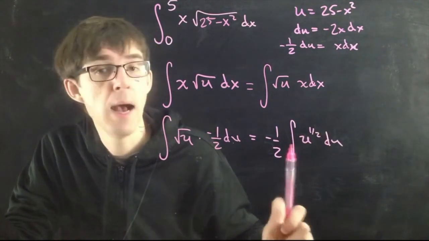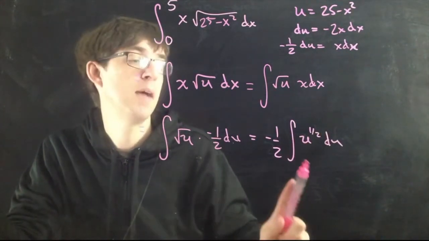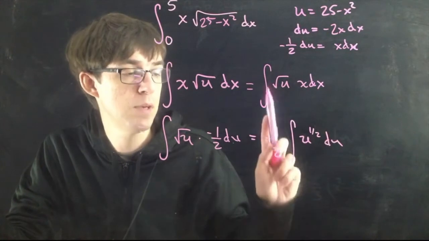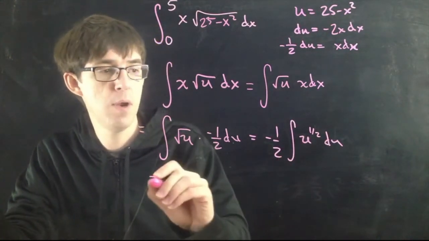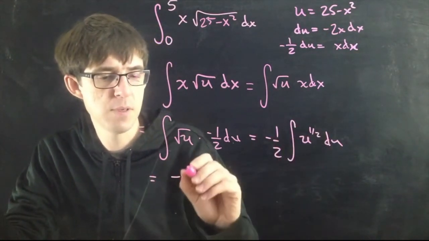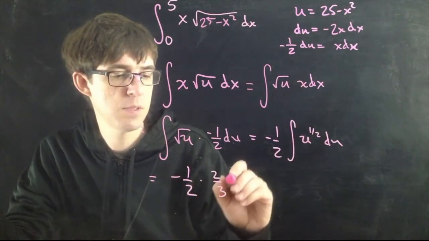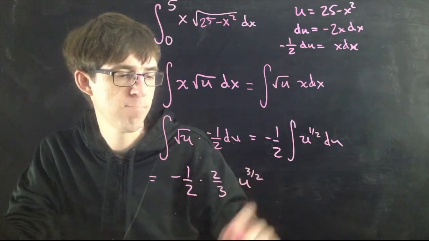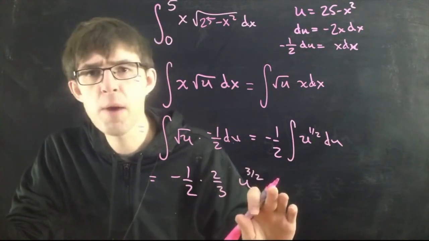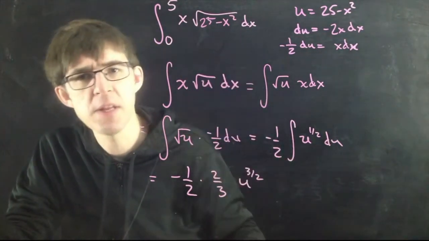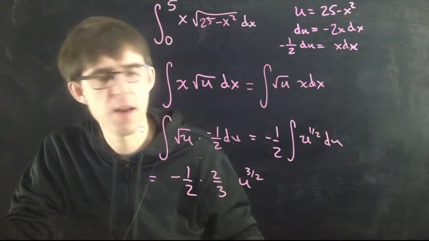All right, I'm finally ready to do the integral. I've replaced all the x's with u's, and so we can do the integral. I increase the power by 1. It becomes u to the 3/2. And then I have to divide by 3/2 in the front, which is the same as multiplying by 2/3. Like so. Ordinarily, I would put the plus c here, but since I'm doing a definite integral, the plus c is not necessary.